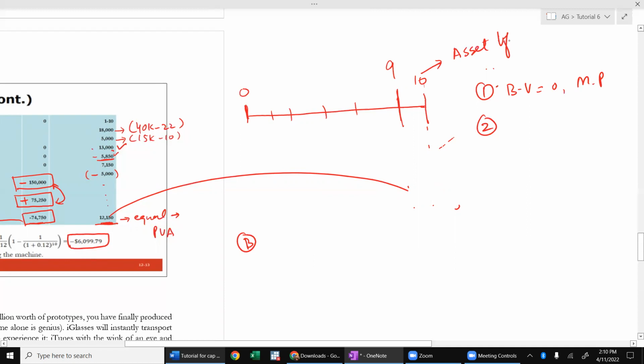The question is telling you the asset life is 10 years, but the project is over at year 9. So this should be the terminal year. At year 9, what would be the book value of the new machine, students, by the way? 15,000, right?